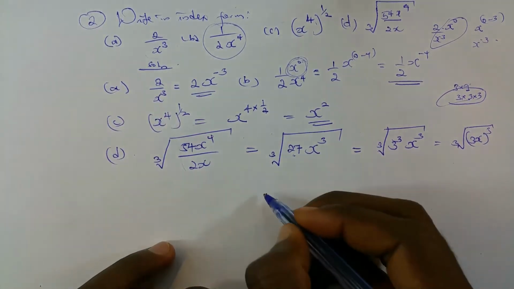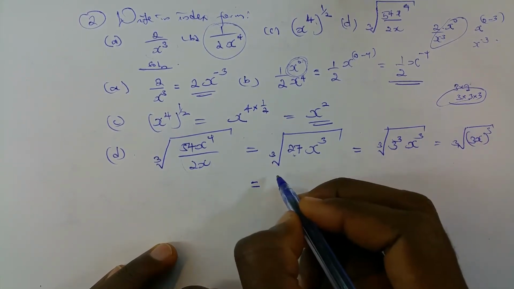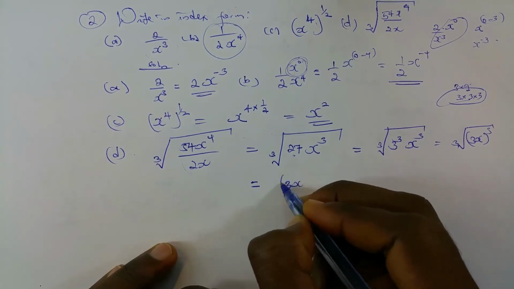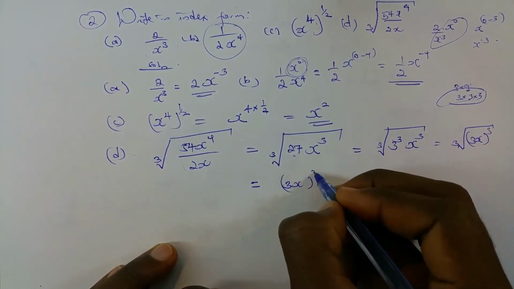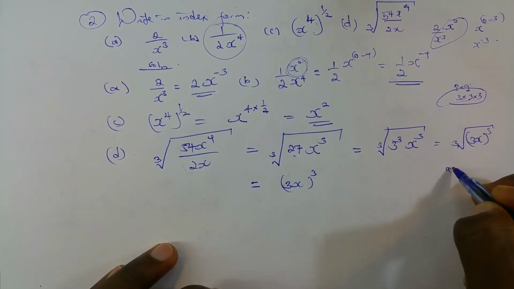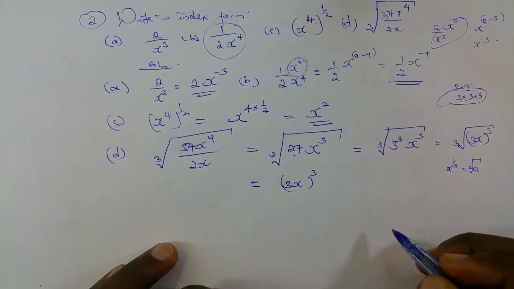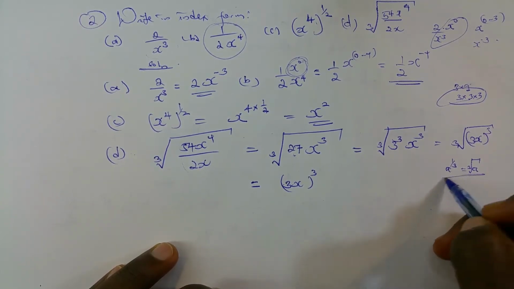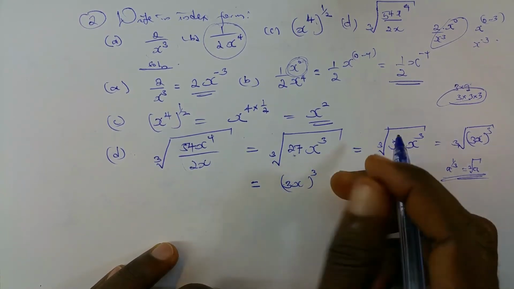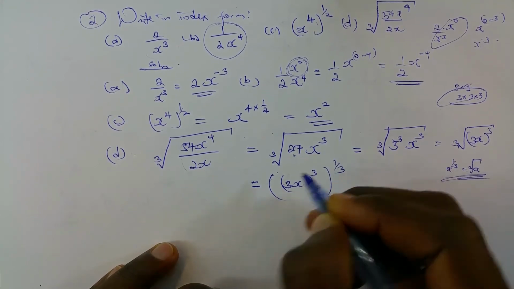The property we looked at is that the cube root can also be expressed as a power. In our previous video we realized that a to the power 1 out of 3 is the same as the cube root of a. So we replace the cube root with 1 out of 3.